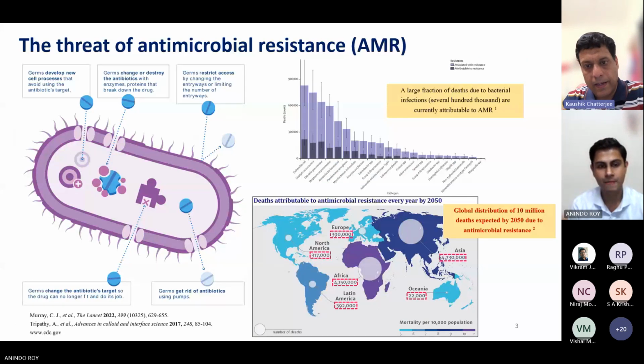The other challenge that has come up, in particular for healthcare, is that these bacteria have become increasingly more resistant to antibiotics.